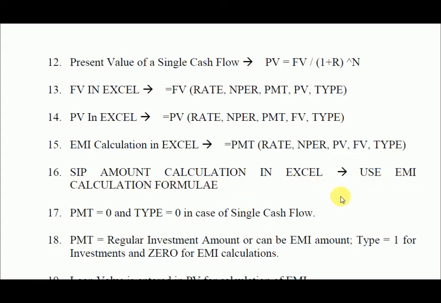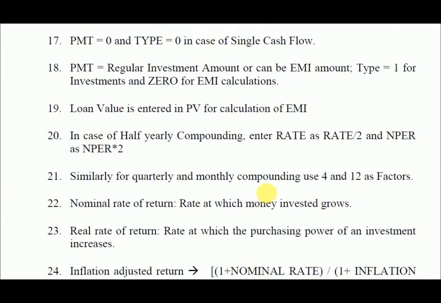Use the EMI calculation formula. PMT equals 0 and type equals 0 in case of a single cash flow, where PMT equals a regular investment amount or can be the EMI amount. Type equals 1 for investments and 0 for EMI calculations.